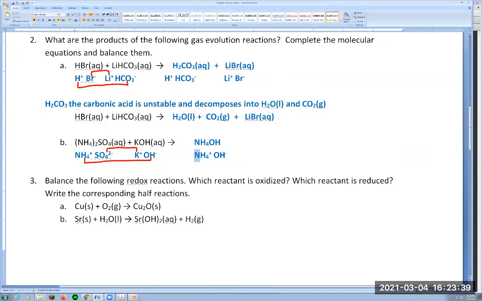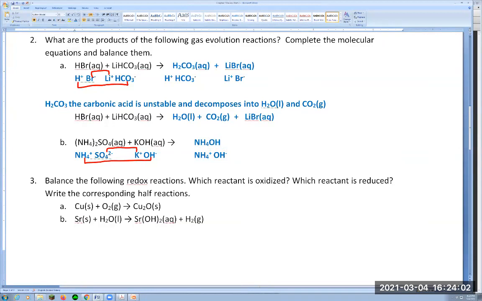Positive ion first, negative ion second. You do not want to combine the H's together because then it would be unrecognizable. We'd never do that. We keep them when we have polyatomic ions. We keep them like that, so that we recognize them.